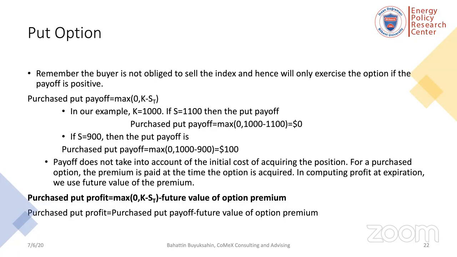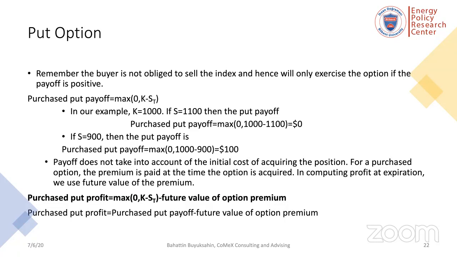Remember again, the option buyer is not obliged to sell the index, hence will only exercise the option if the payoff is positive. For a purchased put, the payoff is just equal to the maximum of 0 and strike price minus the spot price at the expiration or just before the expiration.